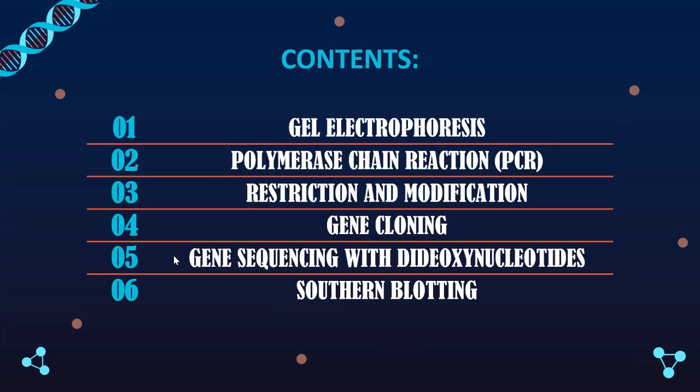All of these have their own connections and also differences. These techniques are interconnected in molecular biology and genetic research, as they often work together in various applications, for example in identifying or manipulating genes.